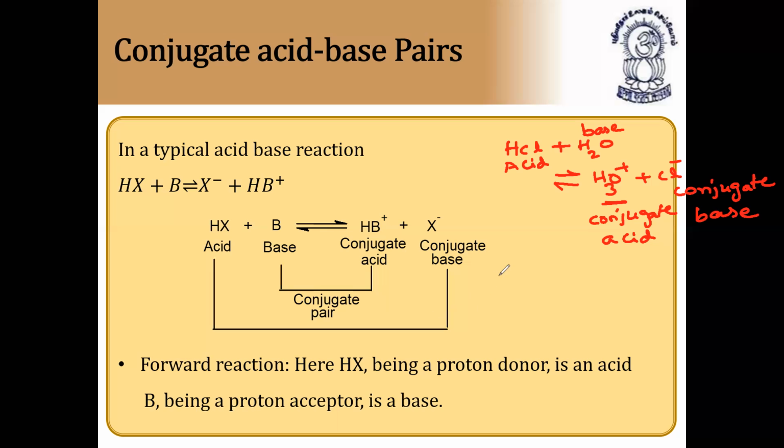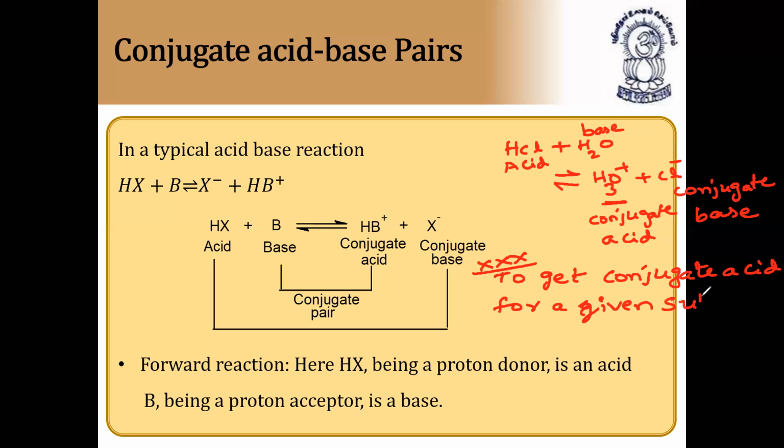Simple, I'll tell you. This statement is very, very important; definitely they'll ask it in the entrance exam. To get the conjugate acid for a given substance, add H plus.